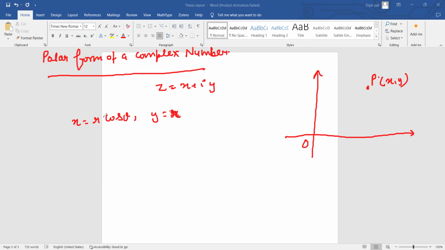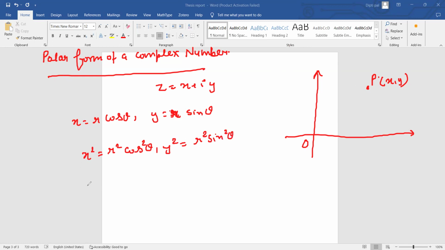These are the polar coordinates. If we square and add these, x square equals r square cos square theta, and likewise y square equals r square sin square theta.